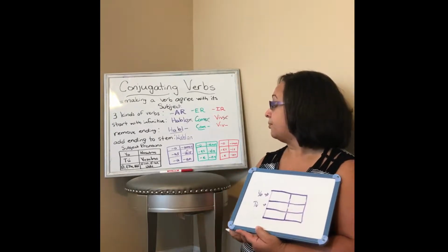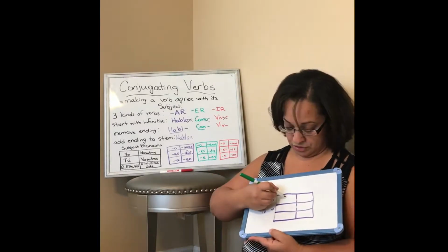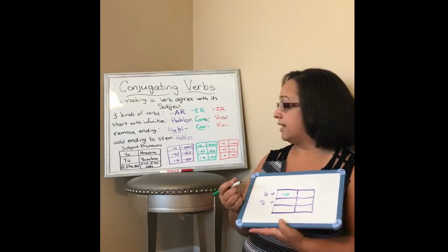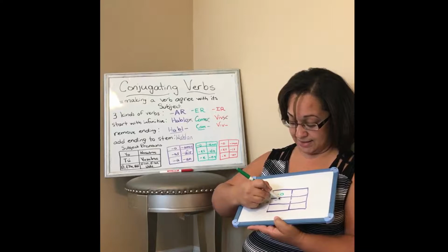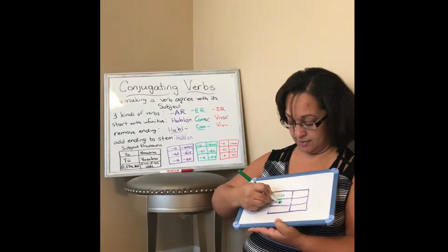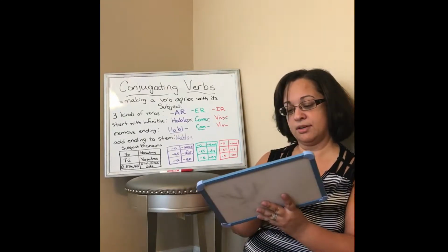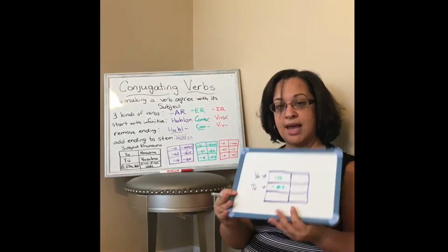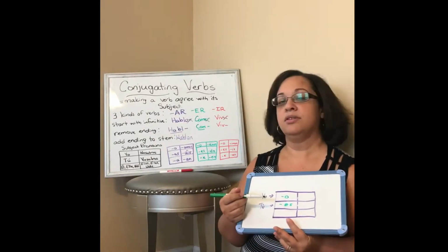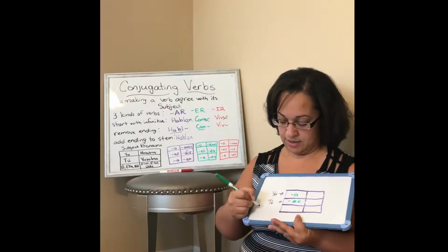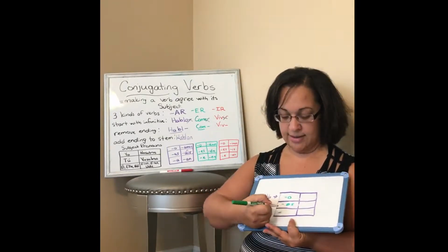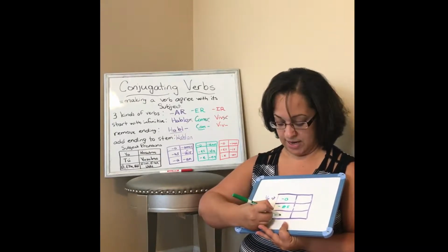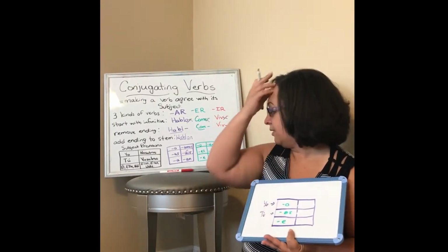So, again, they're slightly different endings than the AR, okay? So, for yo, you're going to use O, so that's the same as our AR. Then for tú, you're going to use ES, okay? So, tú es, then you have él, ella, usted would be E, okay?